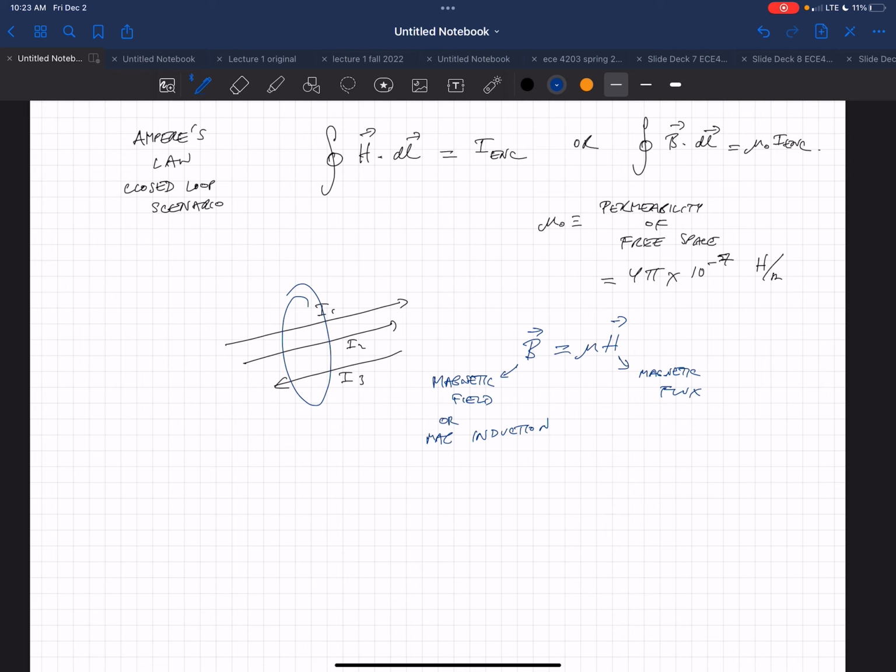Okay, so this is where things were at the time of Ampere's law. Now you have an electric field and a magnetic field. The electric field is defined as the electric force divided by a test charge.